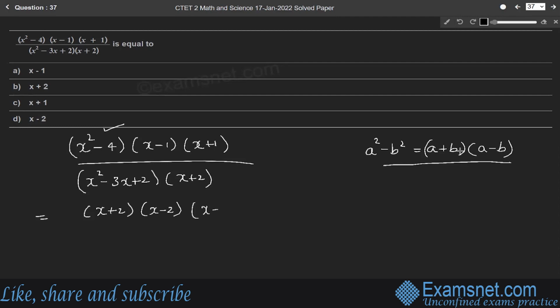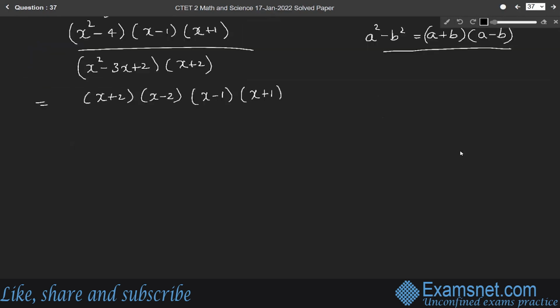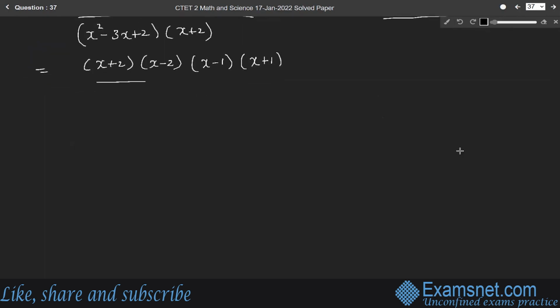Into (x minus 1) into (x plus 1), whole divided by, so x square minus 3x plus 2 can be written as, we can split the middle term, that is x square minus 2x minus x, so that minus 2 into minus 1 becomes plus 2, the third term. So plus 2 into (x plus 2).